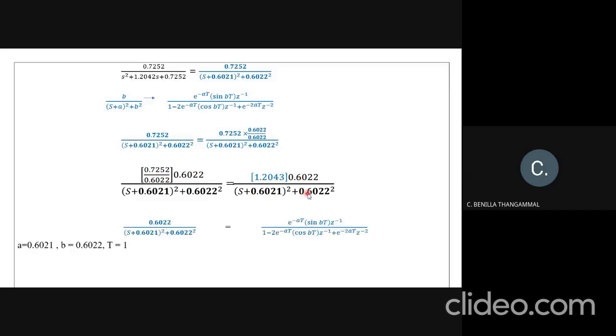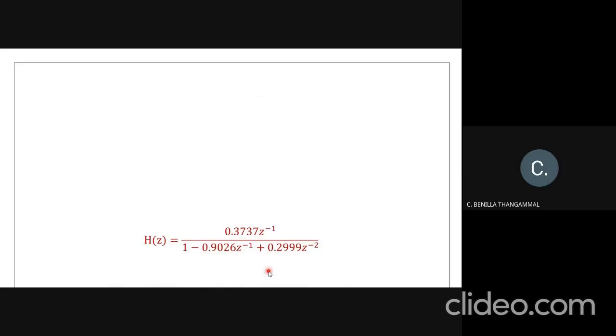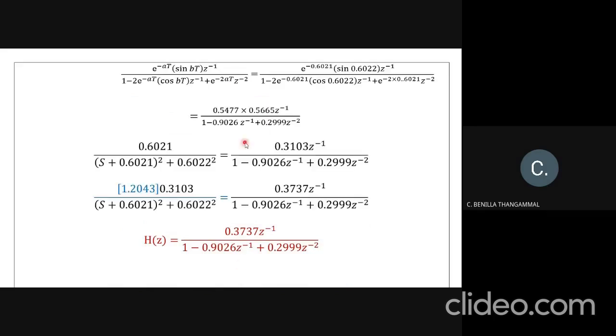By substituting my a value, b value and T value into the formula, I'll be able to get my values here. So here I get 3.3103 z inverse divided by 1 minus 0.206 z inverse plus 0.299 z power minus 2.